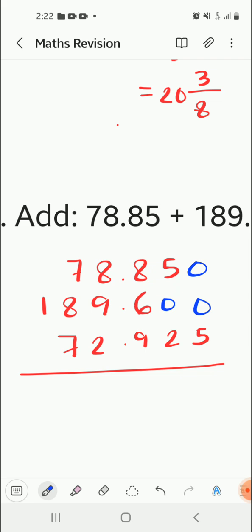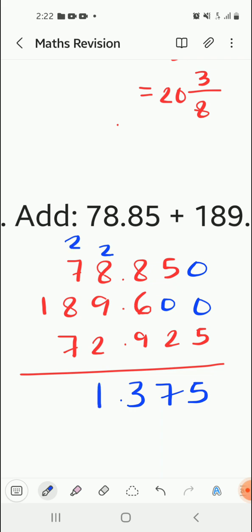Now we're going to simply add the numbers. So we've got 5 here, 5 plus 2 we have got 7, 8 plus 6 plus 9 we've got 23. This decimal point, put it over here just below the other decimal points that we have got. Now we have got 8 plus 2 is 10, plus 9 is 19, plus 2 is 21.